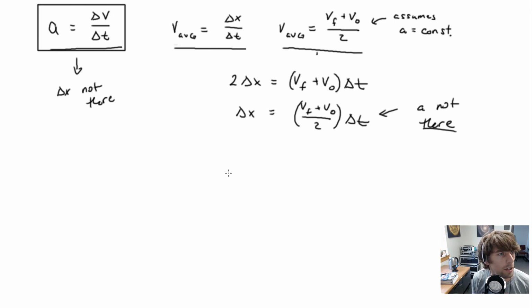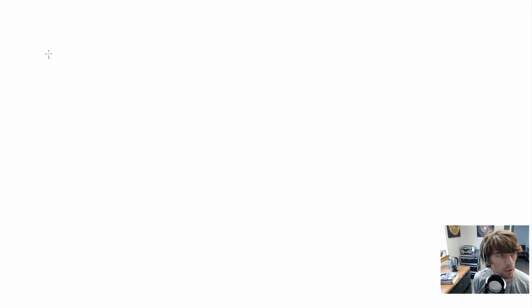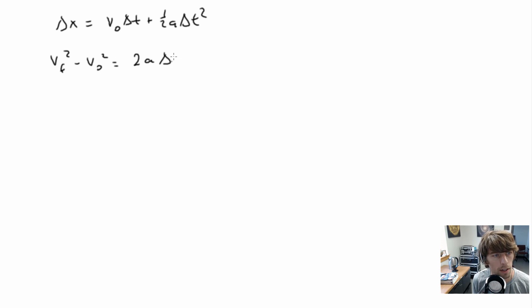So to summarize for you, let's go ahead and write all these out one last time so you can see all of them in their full-blown glory. So one of them is delta x equals v naught delta t plus 1/2 a delta t squared. One is v final squared minus v naught squared equals 2a delta x.